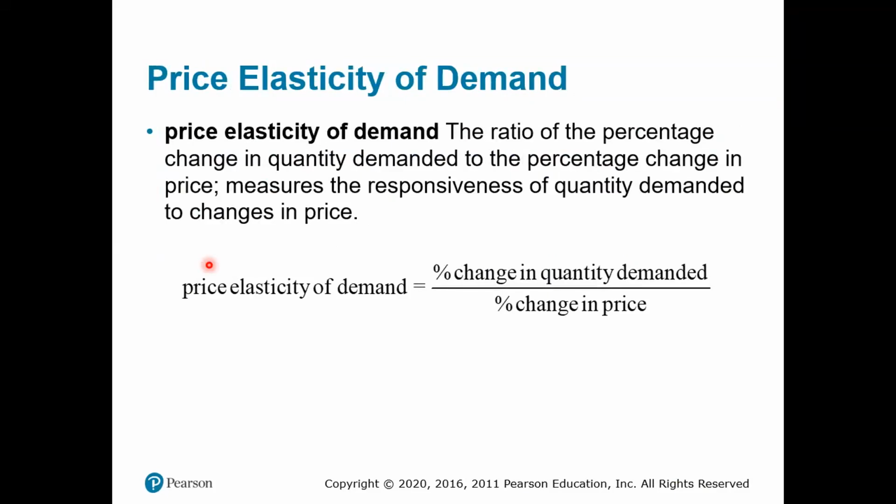So the first elasticity I'm going to show you is the own price elasticity of the demand. I know it says price elasticity. I use the word own price because we have other ones besides this. So this is the percentage change in quantity demanded divided by the percentage change in price. So remember, this is a demand elasticity. So if price is going up, quantity demanded is going down, which means this is always going to be a negative number.